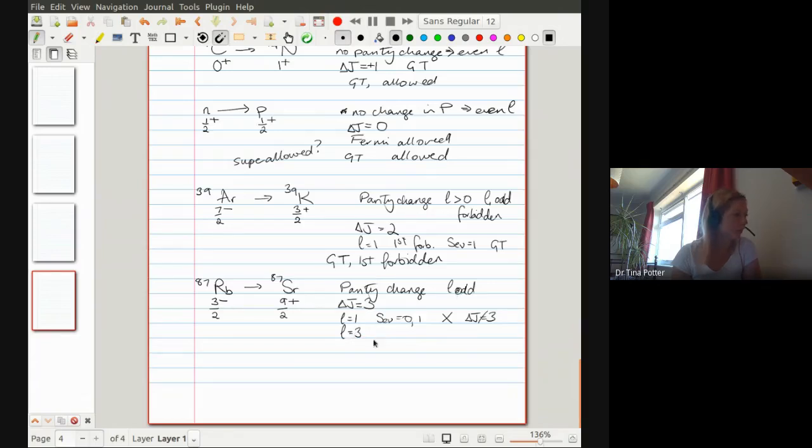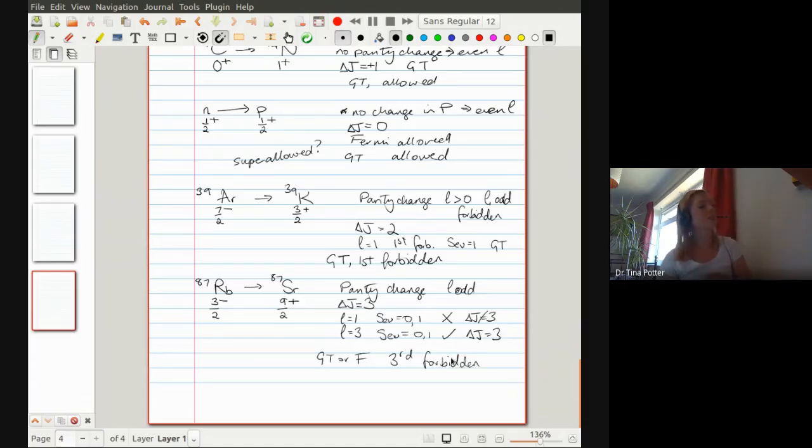Can't have 2. So L equals 3, we can have the electron and neutrino system to be spin 0 or 1. Either of these would work to give us a delta J of 3. So here we would say that this is Gamow-Teller or Fermi, and it's a third forbidden decay.